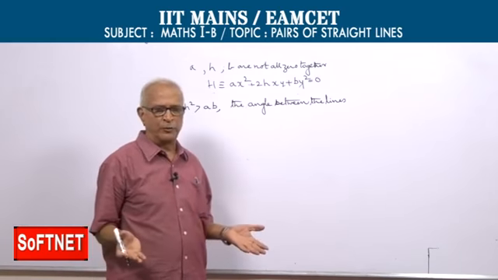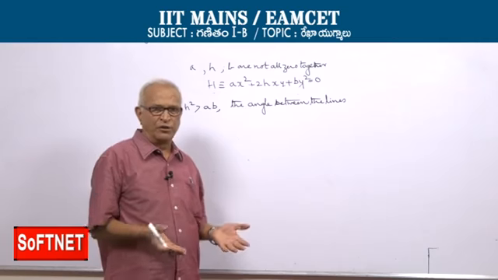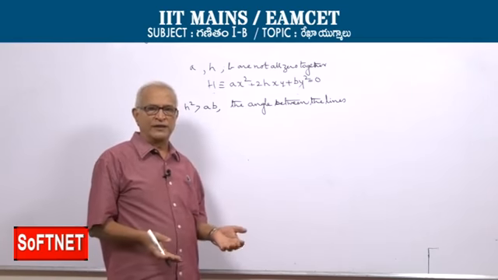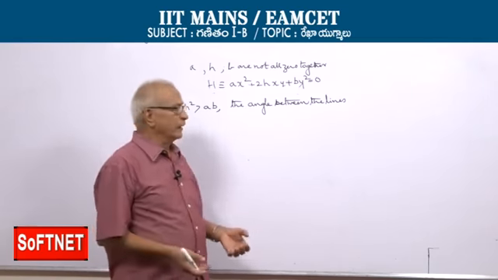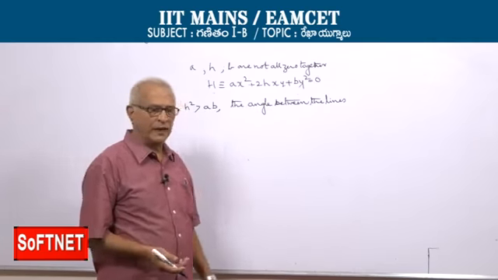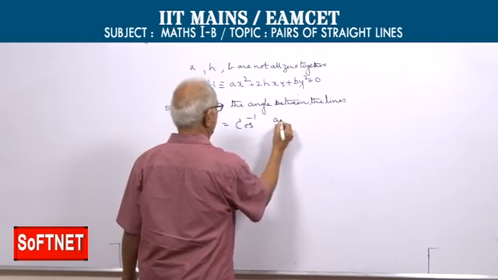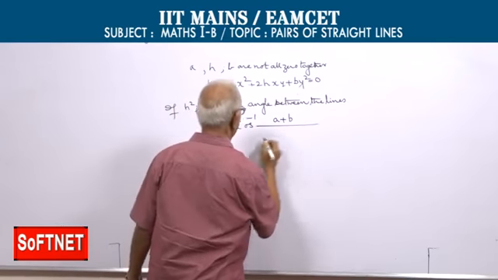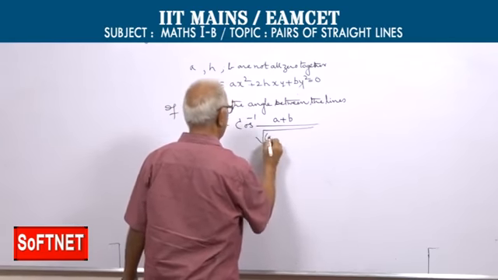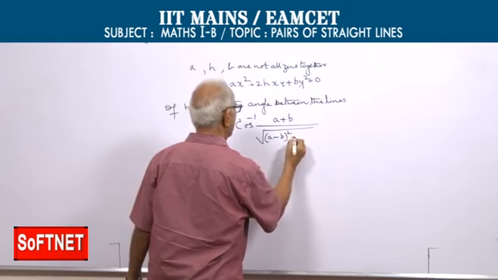In that case, the angle is 0 because the lines are coincident. So there is no need to discuss the angle between the lines in case h square equal to ab. Therefore, when h square greater than ab, the angle between the lines equals arccosine of (a plus b) by root of ((a minus b) whole square plus 4h square).